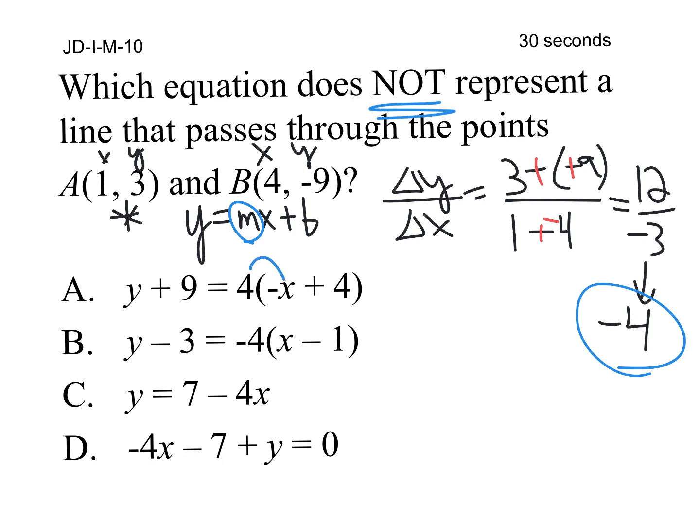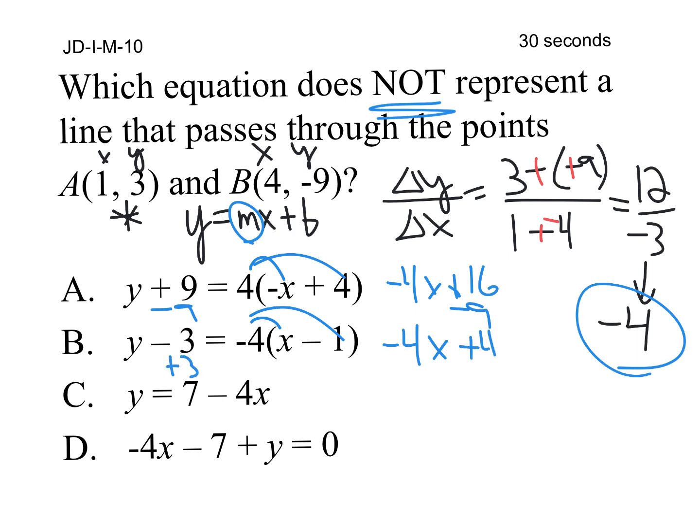The first one, if you distribute, would be negative 4x. You would still have to subtract 9, but that's not going to affect your slope at all. The second one, if you distribute, would be negative 4x, plus 4, and you'd have to add 3, but that's not going to affect your slope either.